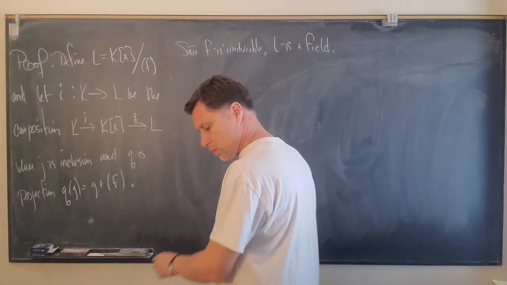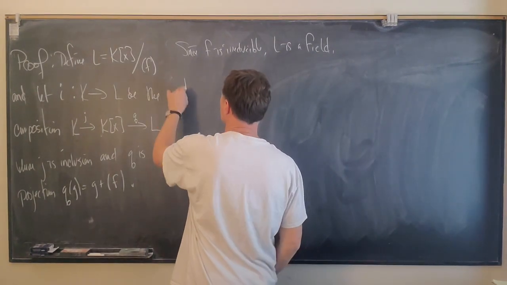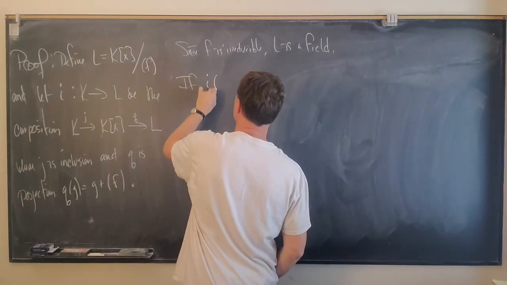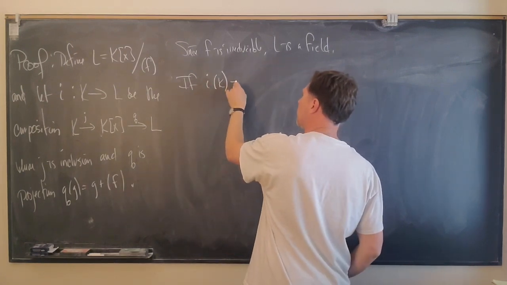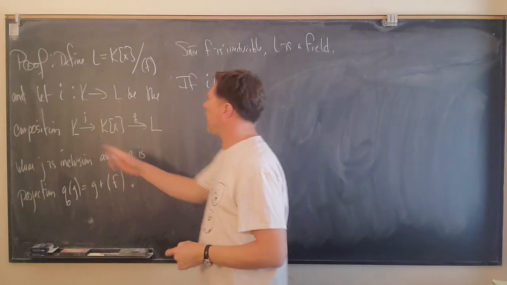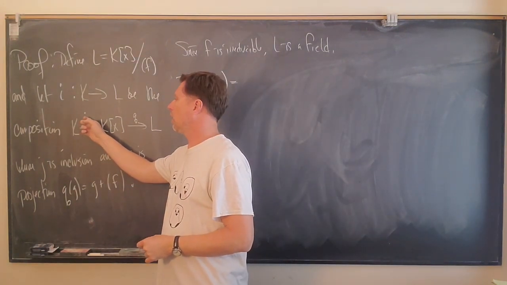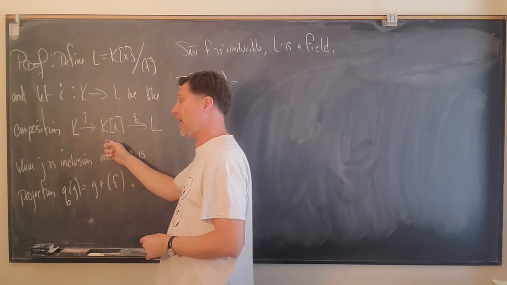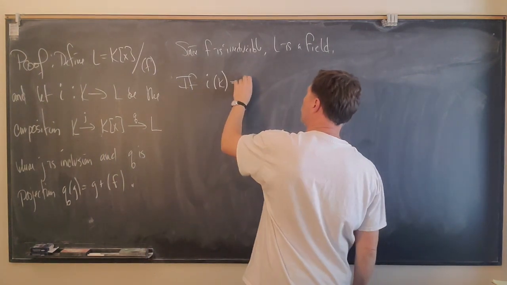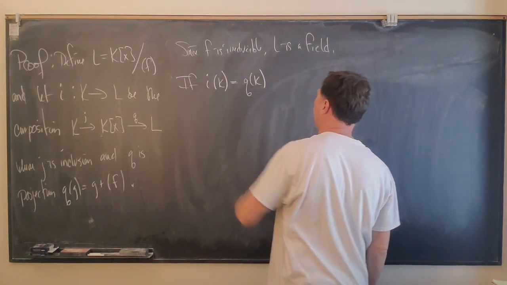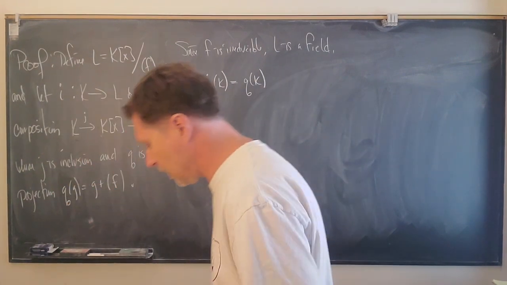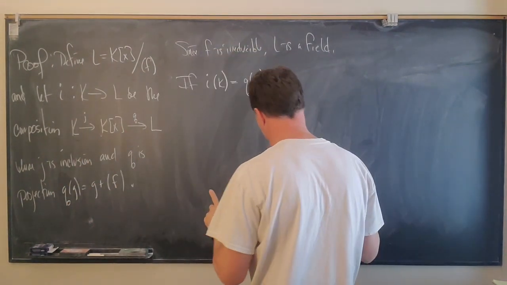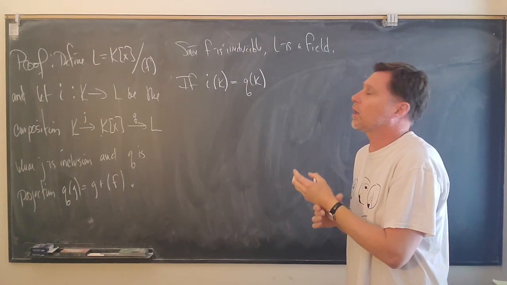So if I of K, see, I of K is going to be, well, little j just takes little k to little k, so this will be Q of K. Oh, no, dang it, I knew it, and I wrote it last night. In my statement of Kronecker's theorem, I need to make sure that I'm not looking at a constant polynomial.